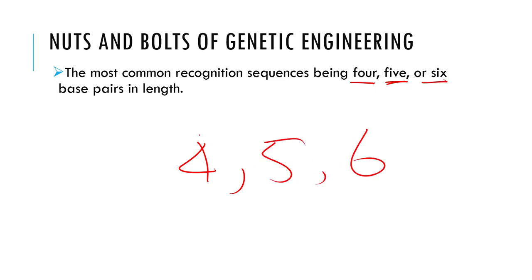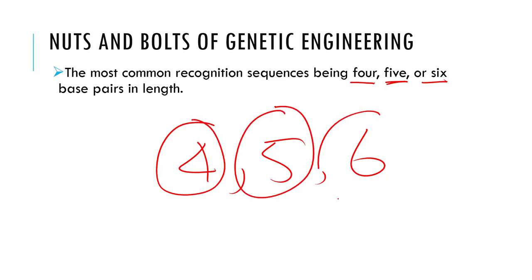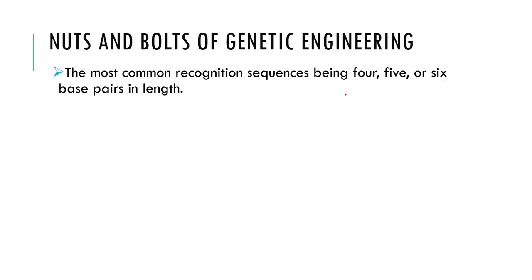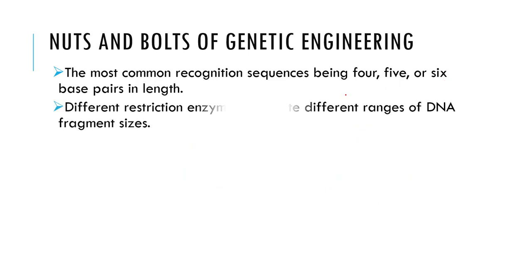Some of the enzymes recognize a 4 base sequence, others a 5 base sequence, and others a 6 base sequence. Since they recognize sequences of different lengths, different restriction enzymes would create different fragments of DNA.